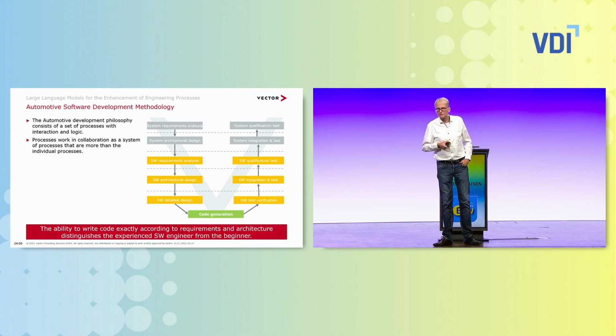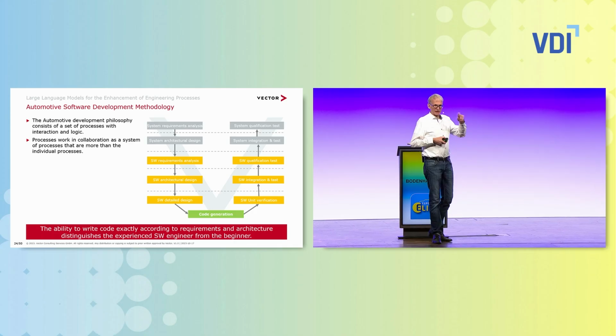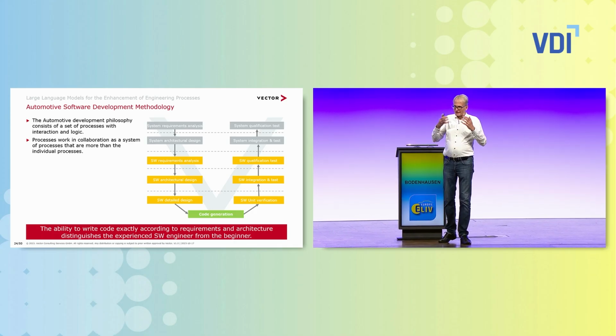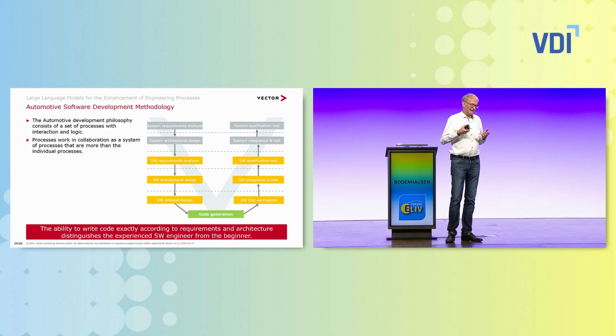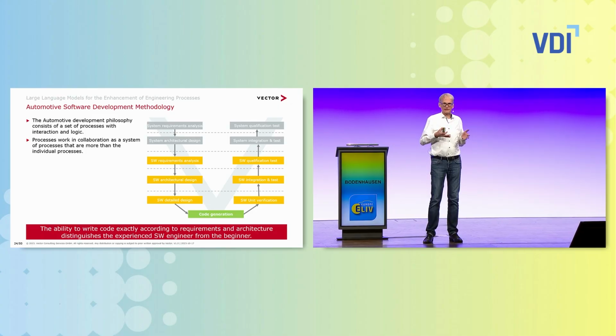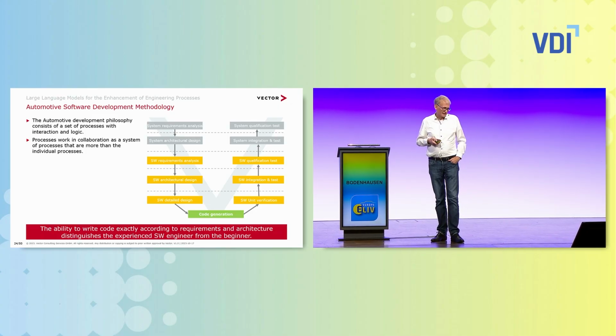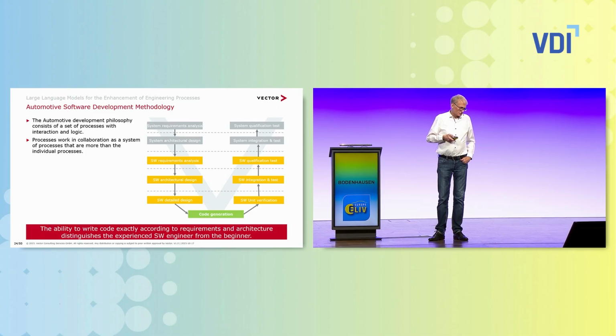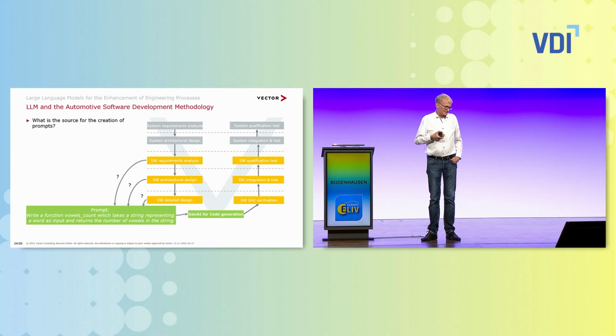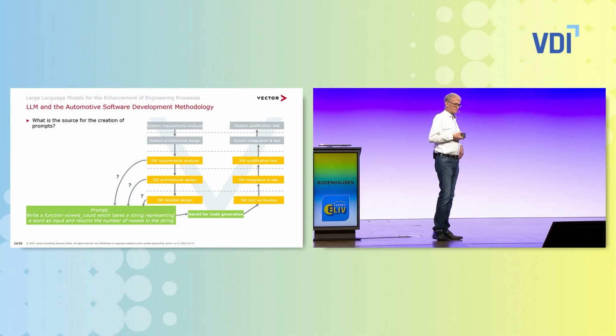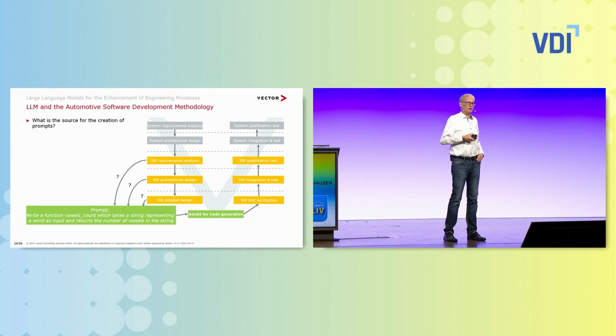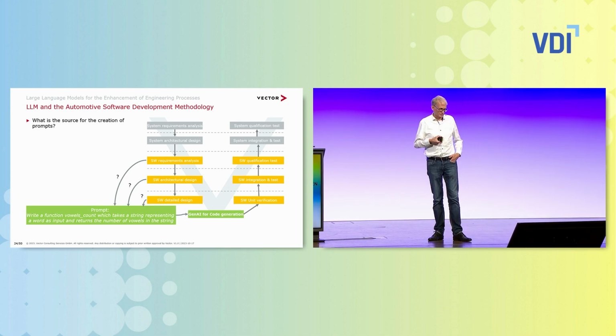People coming from the university, they know usually how to write this one line. But their gaining experience is really to match it to the rest of the software system. So now, let's face it, how do we do it? If you look at typical prompts, there is no information about software architecture in the prompt.